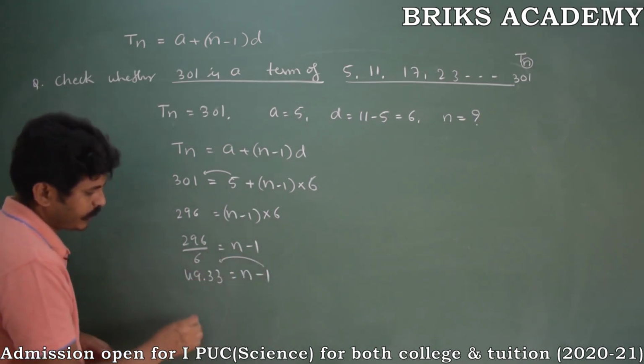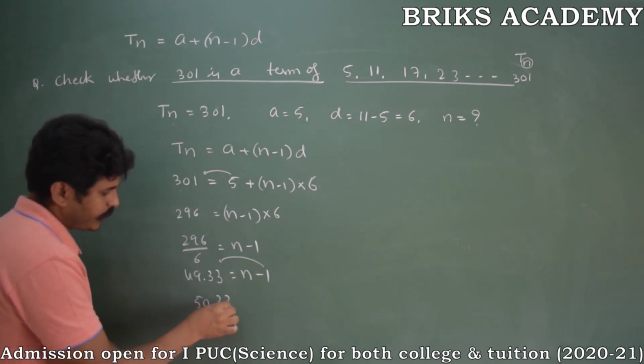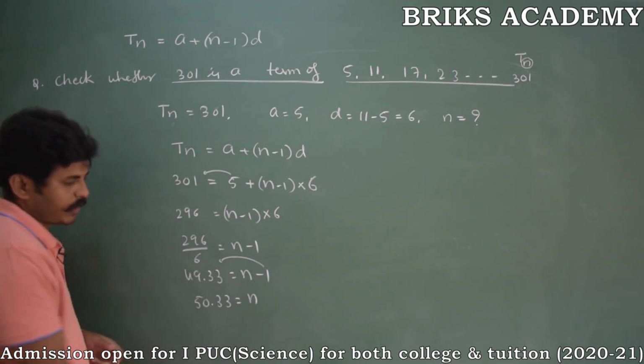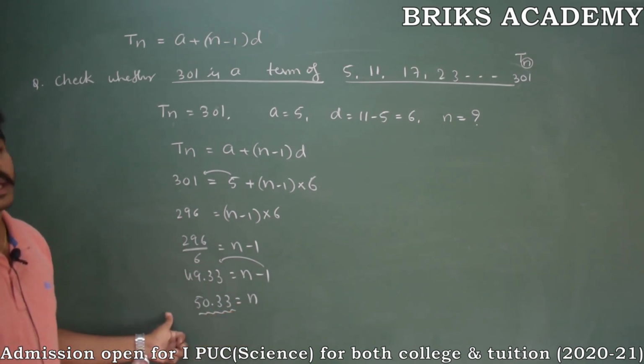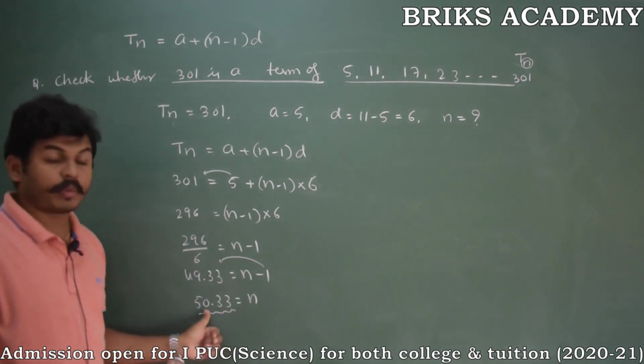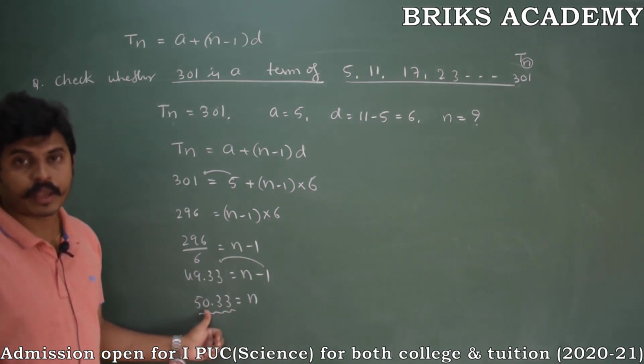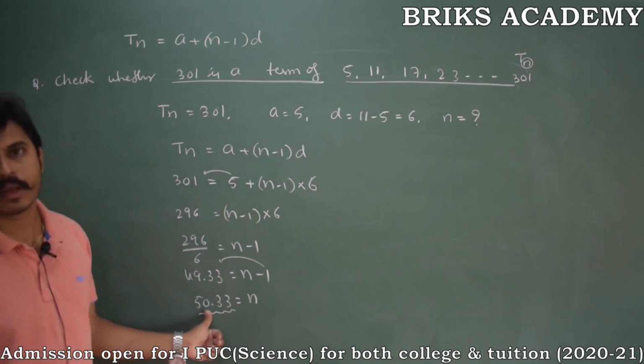If I take this side, it becomes 49 plus 1, 50.33 equal to n. So is it possible for n to be a fraction? No. In the last problem only I told that n can never be a fraction. n should be a positive integer. I have also explained why.